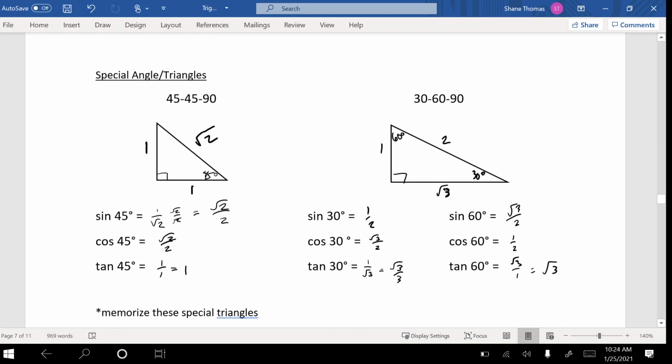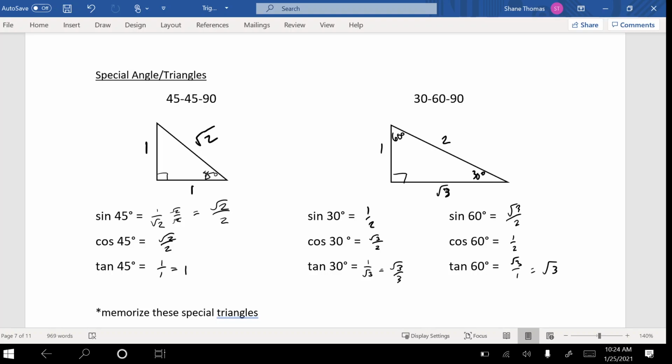What about the second one? Why are they different? Well, 60 is twice as big as 30, so they can't have the same relationships.